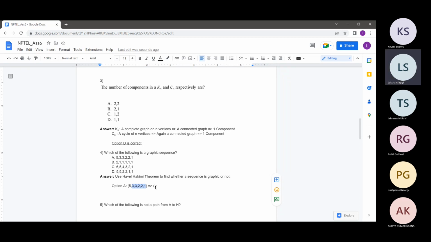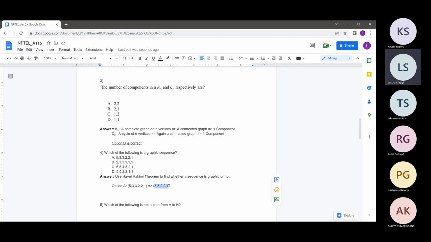So here, first of all we'll be deleting this 5. After deleting this 5, what part of the sequence remains? Only 3, 3, 2, 2, 1. Since we have removed this 5, we'll be decreasing the values of the first 5 entries by 1.